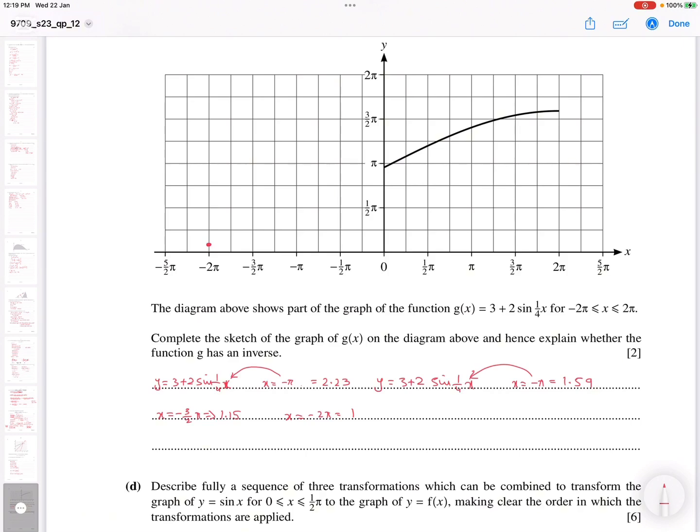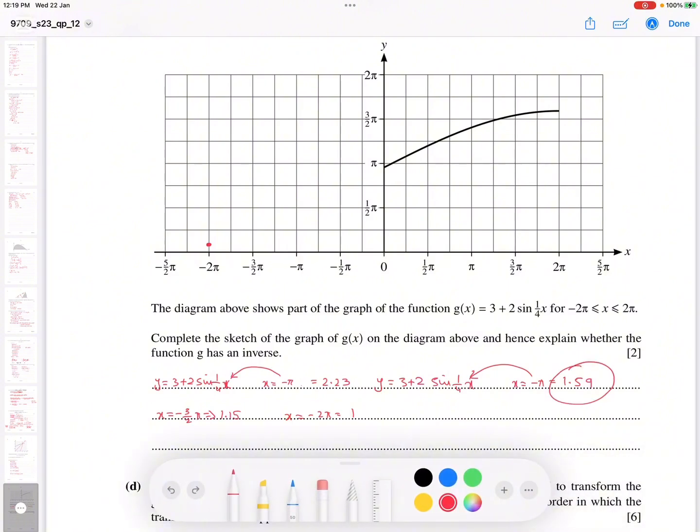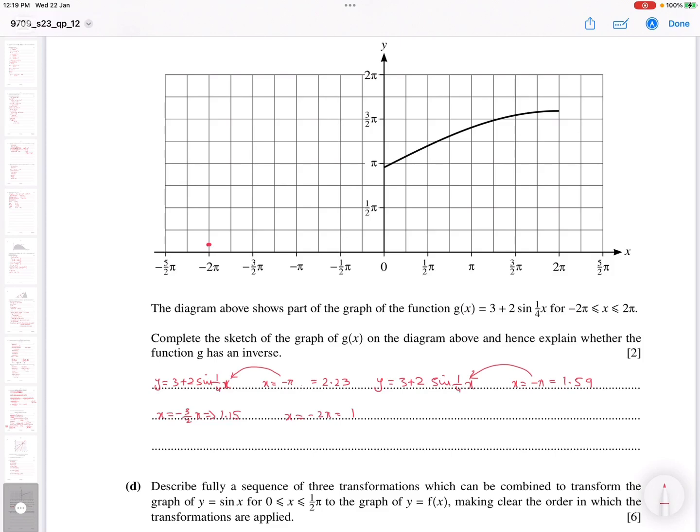Then 1.59, this one. And this was a little below pi by 2.